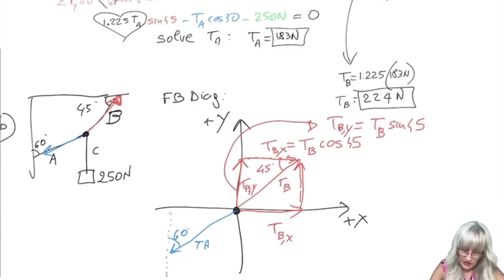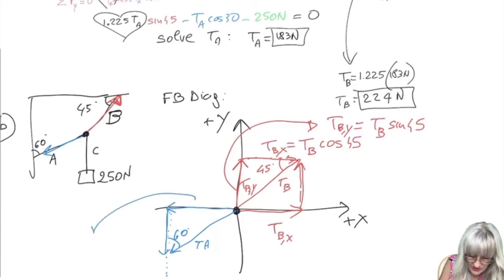So we can use this triangle. Here you can see you have T of A on the x component, which is opposite, so this is negative.